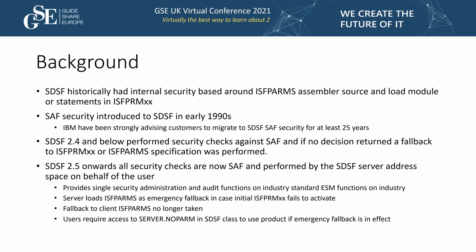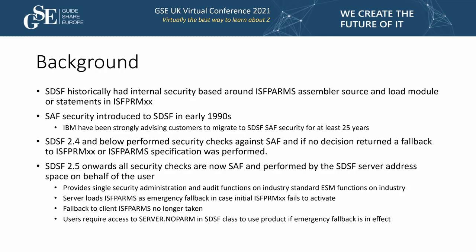So the way that the logic works is that we attempt, first of all, in 2.4 and below, to do a SAF security check on the thing that you're trying to do. And if we get a no decision back from SAF, if SAF says, I don't know anything about it, I'm going to give you a return code 4, we fall back to internal security, and that is based on definitions within ISFPRM-xx or the old ISFPARMS load module.